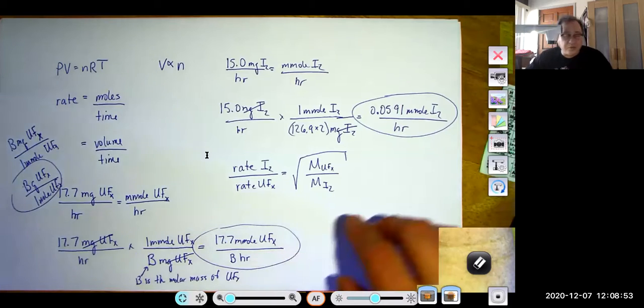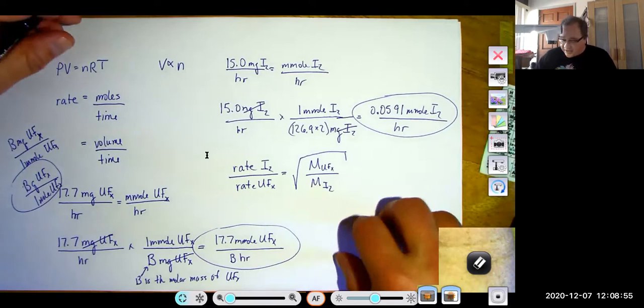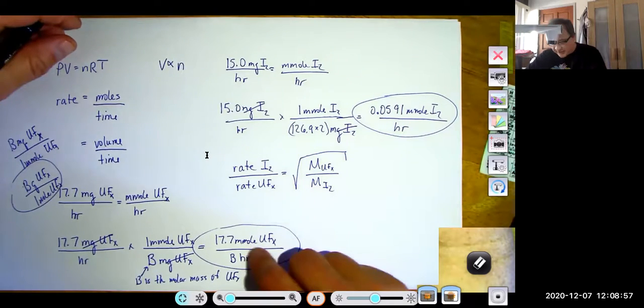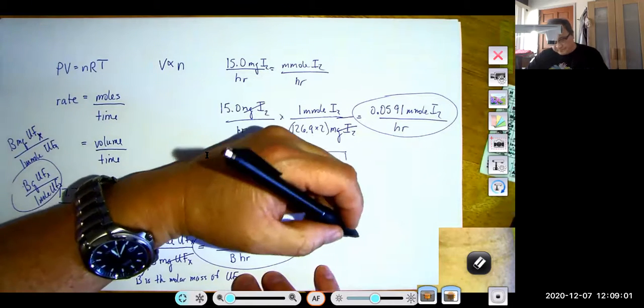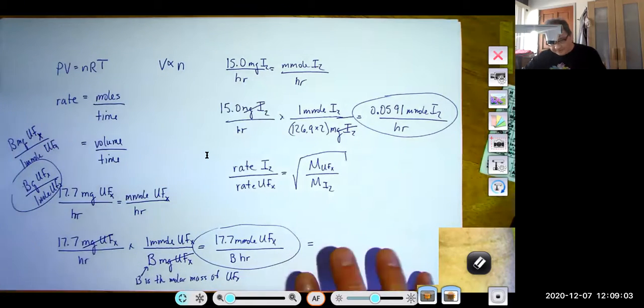Now I'm going to do one more thing. I don't like these millimoles, but actually, I'll leave it that way.